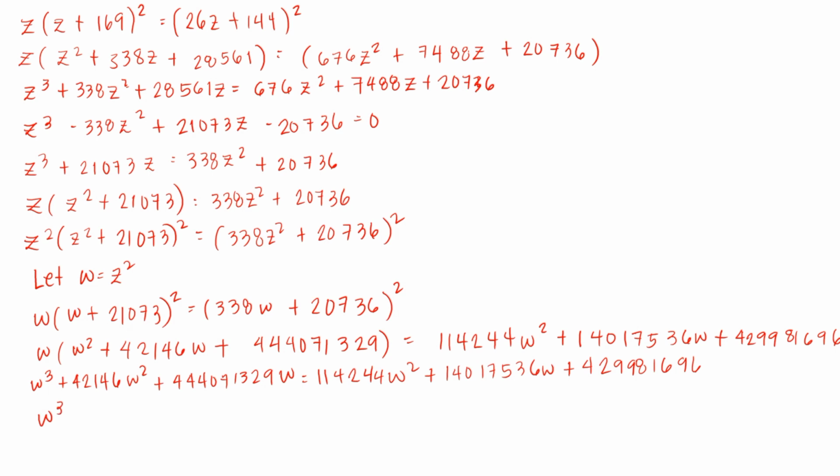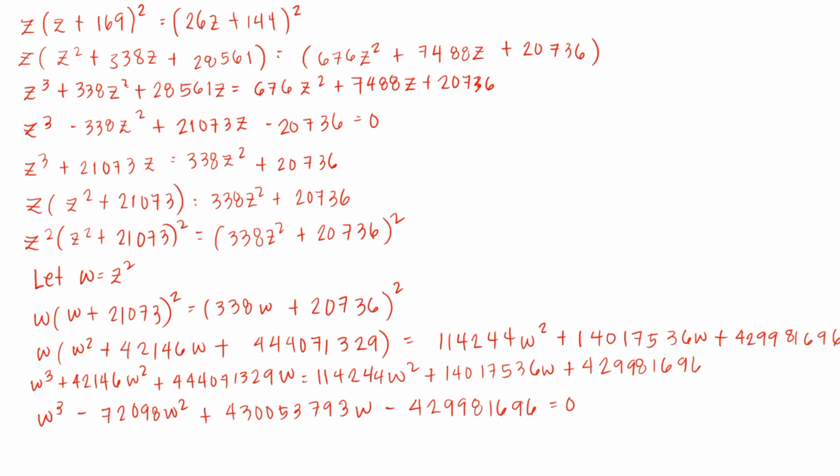Then let's simplify. We will have w cubed minus 72098 w squared plus 430053793 w minus 429981696 equal to 0.